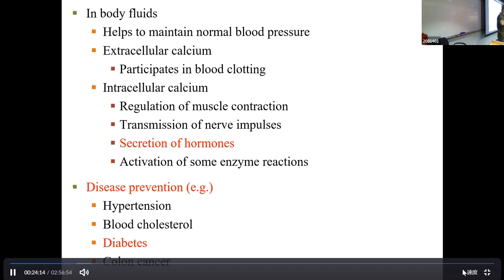At the end, when we talk about magnesium, magnesium does the reverse. Magnesium is important for relaxation, so calcium and magnesium are opposite in function when it comes to muscle contraction and relaxation. Of course, we need calcium for nerve impulses, hormone secretion, enzyme activation, etc. There is a whole range of diseases related to calcium, and we will highlight some of the issues later on.